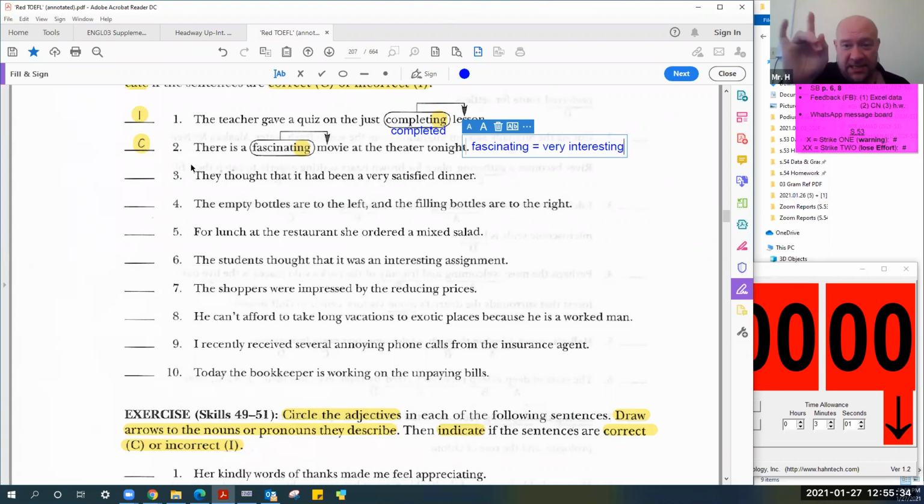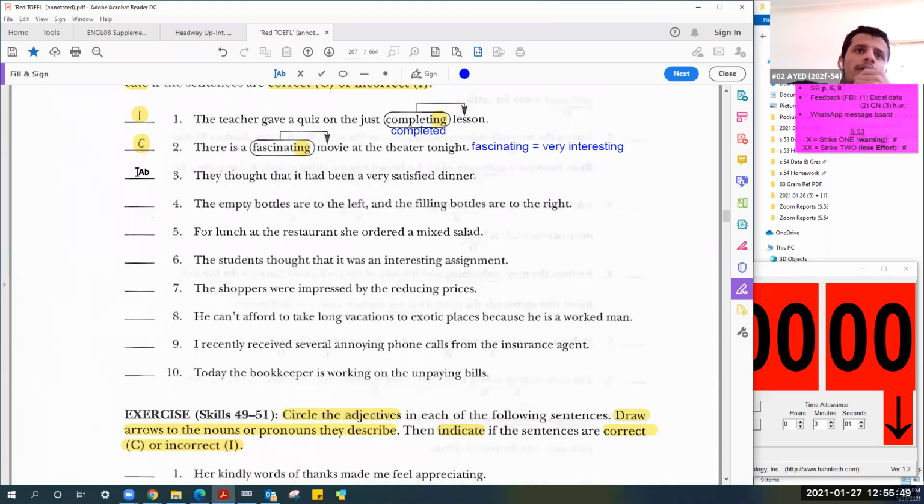All right, gentlemen, let's do this. Don't read the sentence. I just want you to tell me the adjective. First, tell me if it's correct or incorrect. I think it's incorrect. Now tell me the adjective. Satisfied.